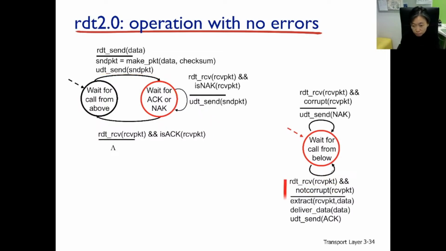Therefore, these are going to be triggered, and we stay in the wait for call from below state. And this is going to generate a message being sent back this way. Because it's an ACK, we trigger this transition and the sender goes back to the wait for call from above state. So this is the no error example.